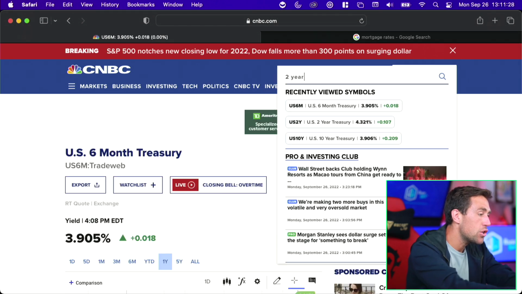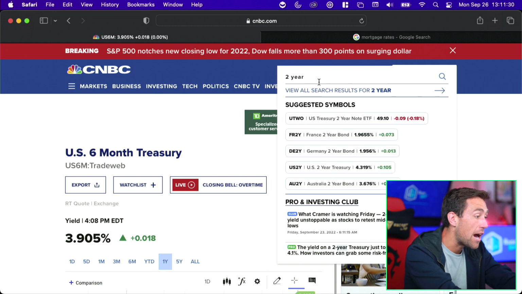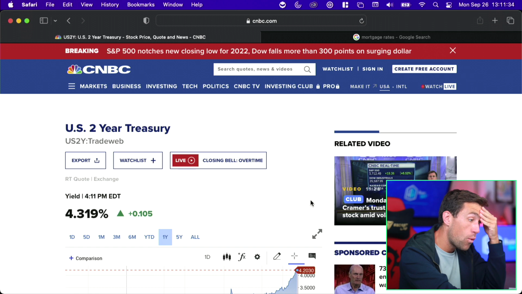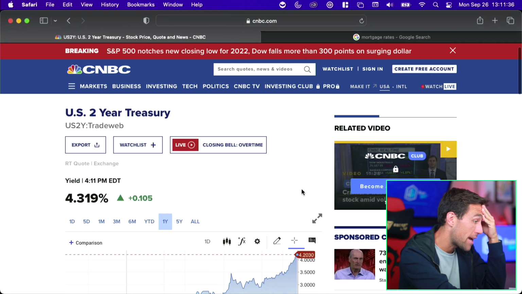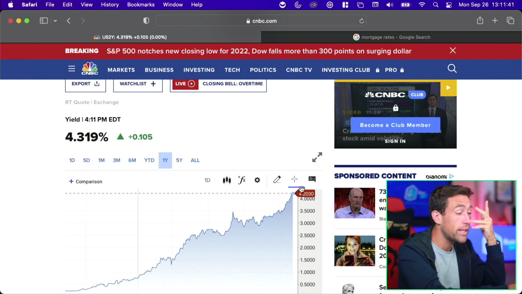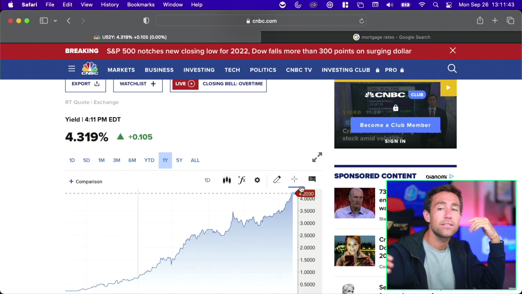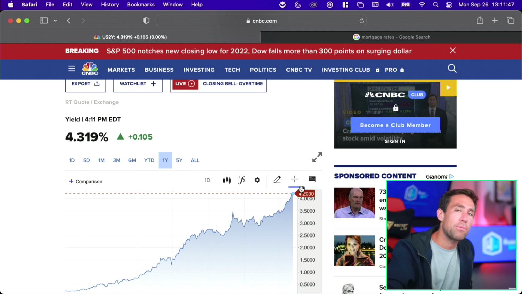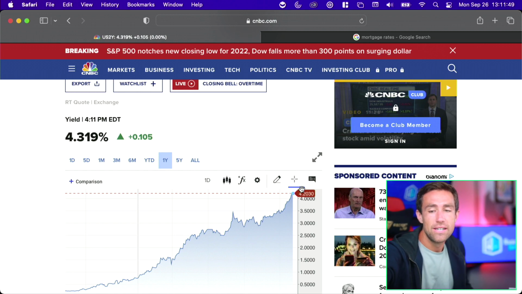And if you go to the 2-year, wow, the 2-year jumped to 4.31. So this is where you definitely had some selling today. The 2-year Treasury is at 4.31. That's insane. If you're willing to lock up cash today for 2 years, and not be subject to market risk, you could get a risk-free return of 4.31%. Absolutely insane. So anyway, all of this is more pressure on the housing market.